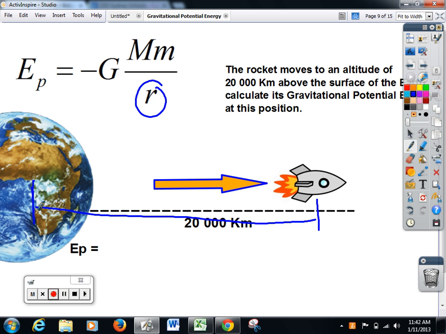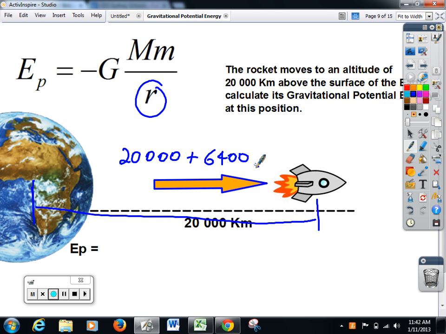So when they say altitude, you have to work out the 20,000 here plus the 6,400 kilometres for the radius. The centre of the other object and the other object will be the same. Okay, so that's always assumed. You don't need to worry about the centre of the small object.